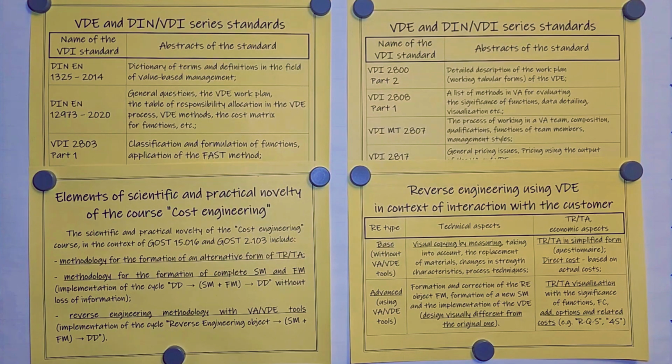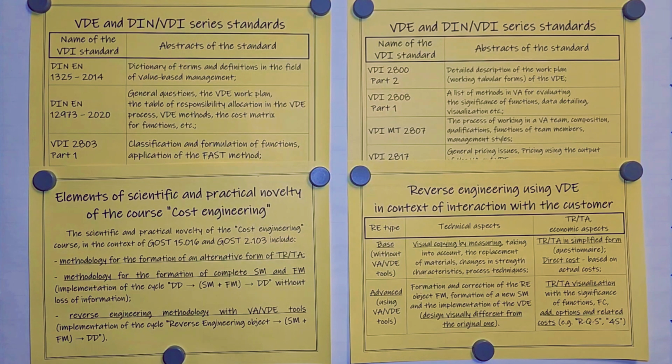The next, VDI 2808, a standard named Evaluation and Value Analysis Methods and Tools, regulates the methods of assessing significance, in a more expanded form compared with the standard form that will be discussed in issue number 11 of our course.